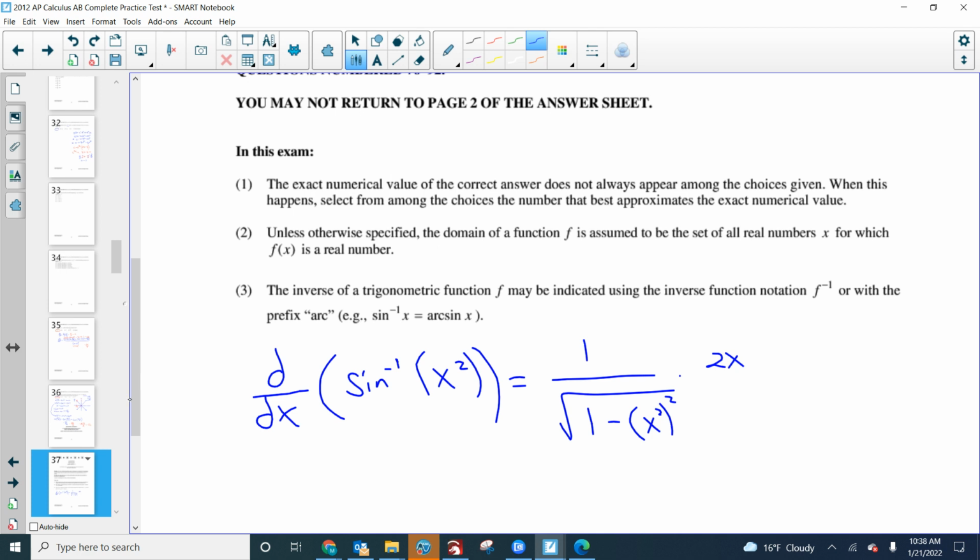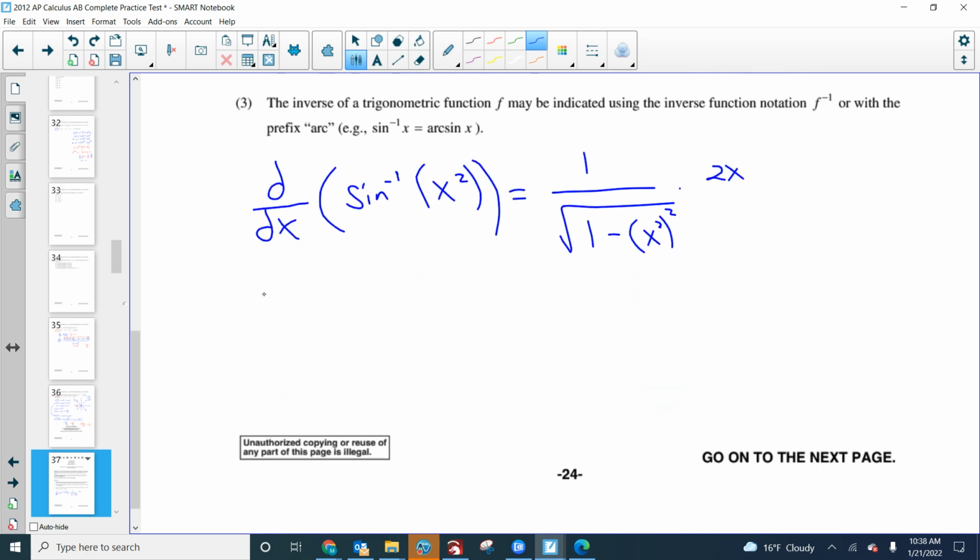So what if they ask, find the derivative of arc sine of 2x? Same thing. All right, that's what they're trying to tell you. If they write out arc sine, think of it as sine inverse, right?